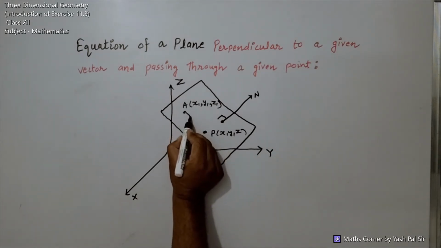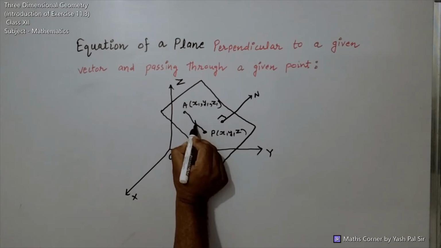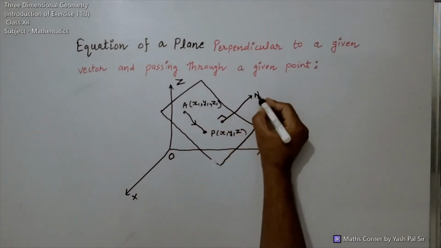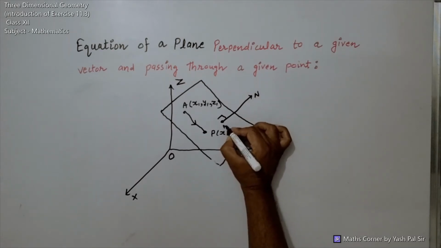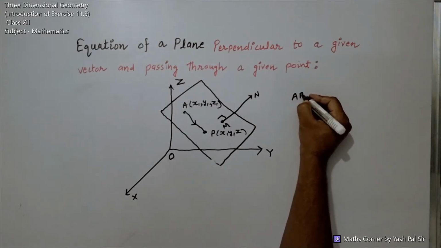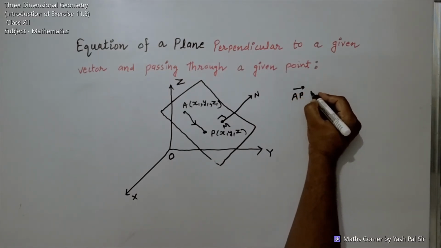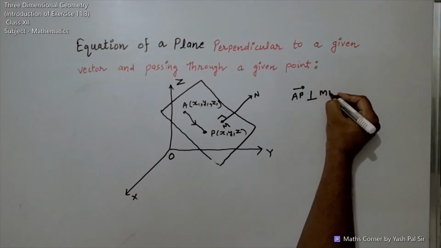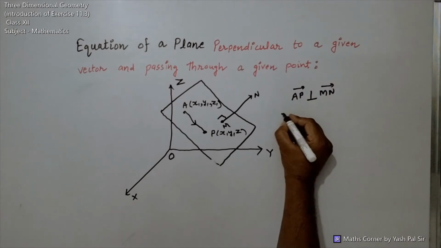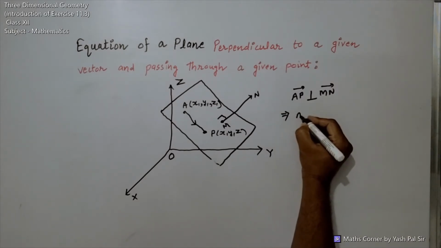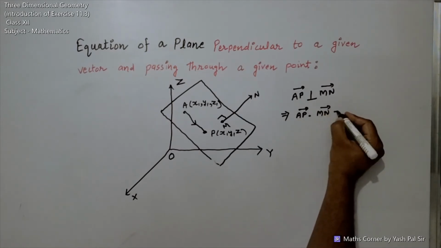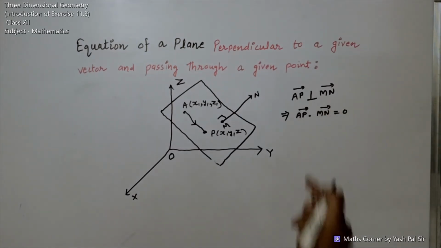Now what is AP? AP is also perpendicular to, suppose this is MN. AP is perpendicular to MN, right? Therefore we can say AP dot product with MN is equal to 0.